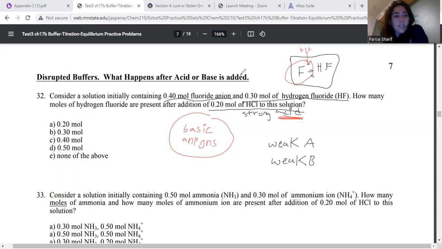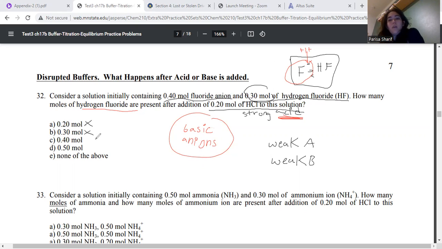So it says how many hydrogen fluorides are present after the addition of 0.2 moles of HCl. So let's just take the initial and add it to the new amount that's made. So the initial is here, it's 0.3. So anything that's basically under 0.3 will be wrong, and equal to 0.3 will also be wrong because that was our initial amount.